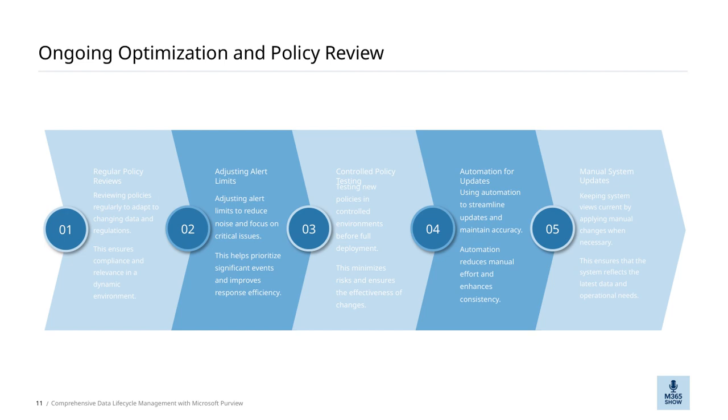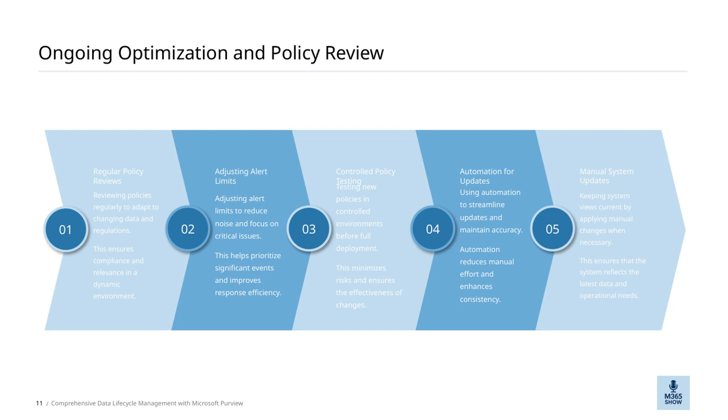It's also vital to test new policies in controlled environments before deploying them fully. This controlled testing minimizes risks and helps us verify that our changes will work as intended without disrupting ongoing operations. Automation plays a key role here as well. By automating updates, we streamline the process, reduce manual effort, and maintain high accuracy and consistency across the board.